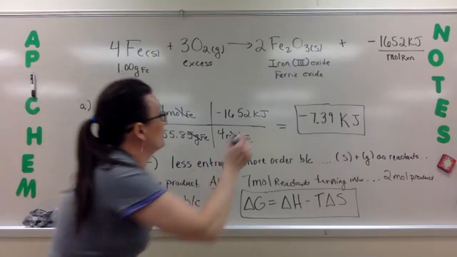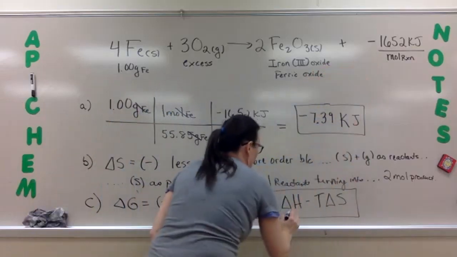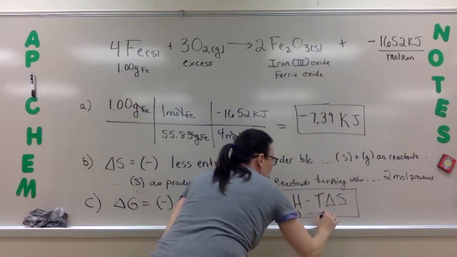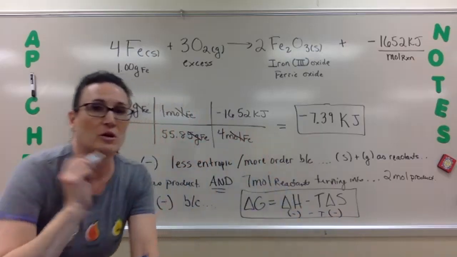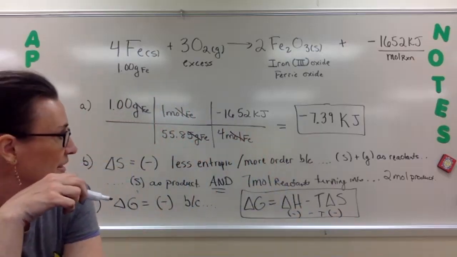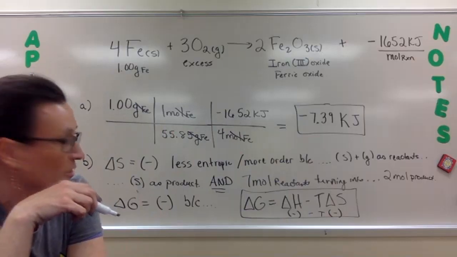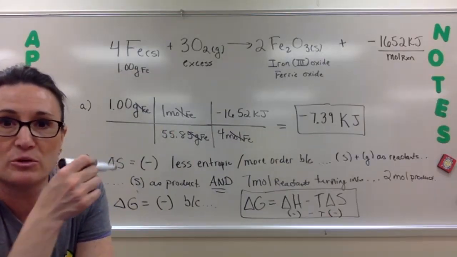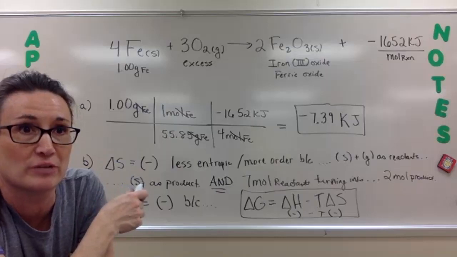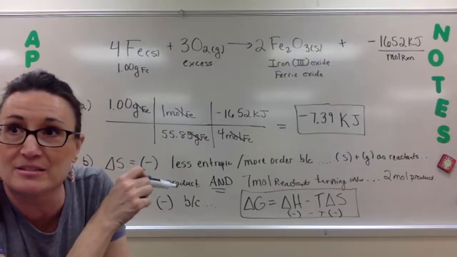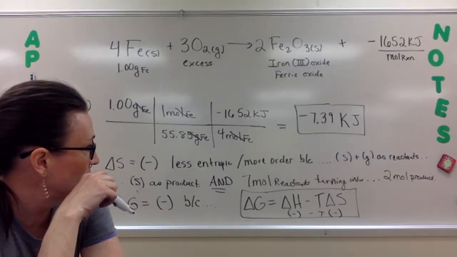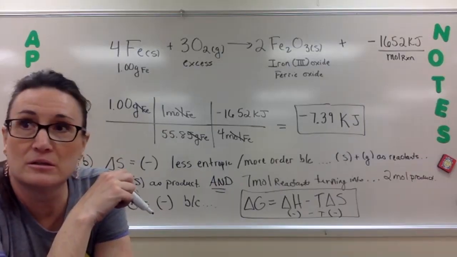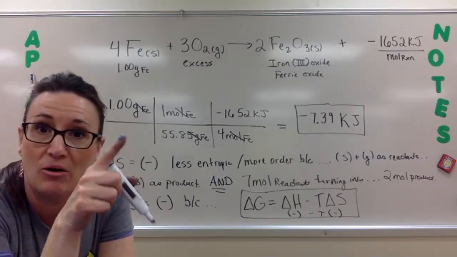So if delta H is negative, and temperature is whatever it is, and this is negative, you do not want the entropy to be almost too organized or too negative. So you want to say the enthalpy is driving this reaction. Now, which case is this? Temperature high or low? Keep temperature low, right?